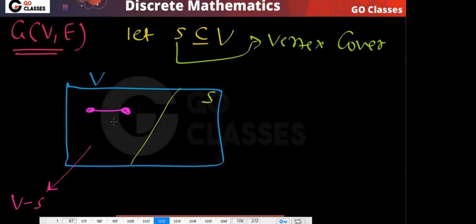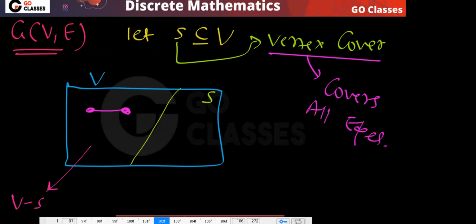Do we have any edge here? Why is this not possible? Because a vertex cover should cover all the edges. This is the vertex cover, so it should cover all the edges. Yes or no? Every edge must be covered by this.